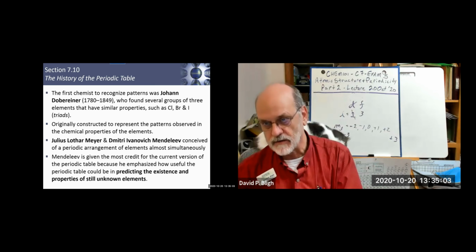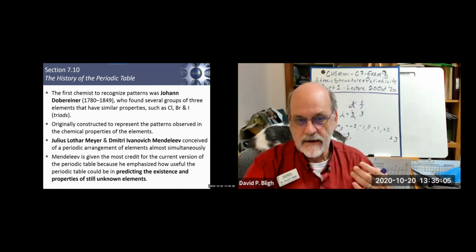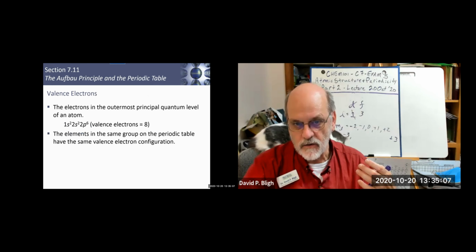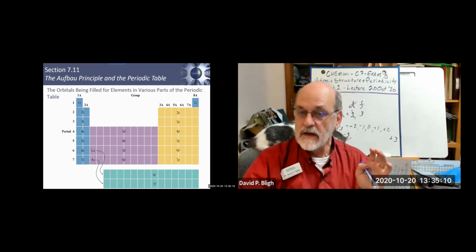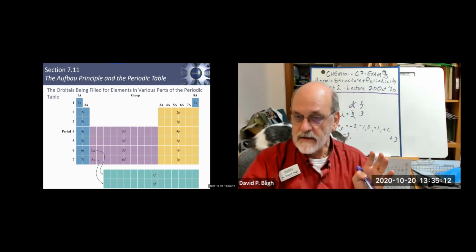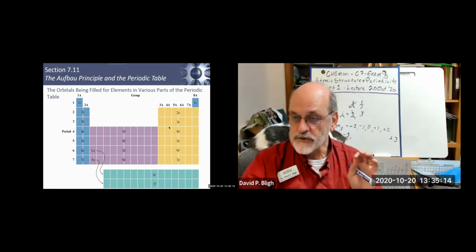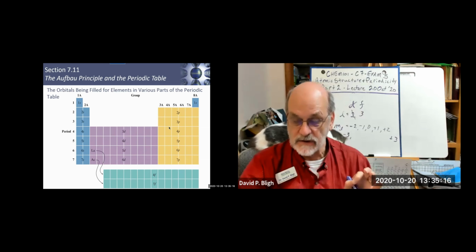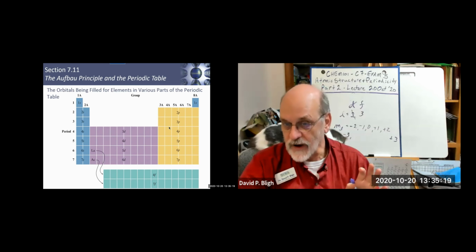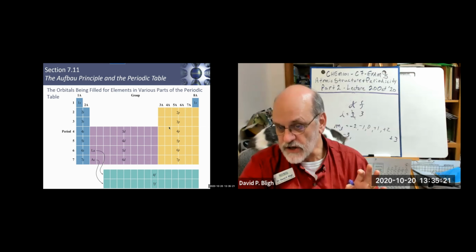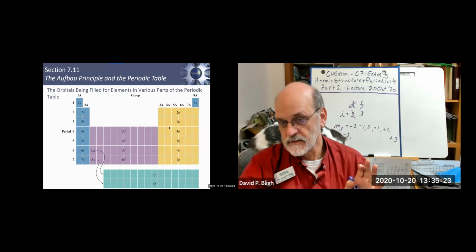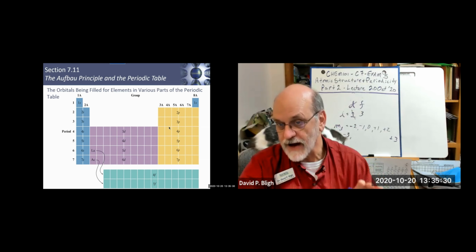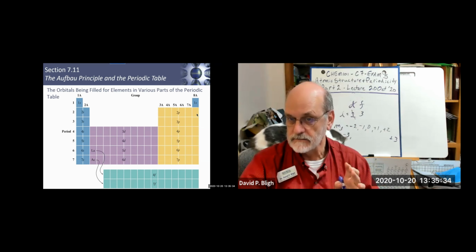And then over the decades, a refined structure to the table was developed, which took advantage of the electronic structure of the atoms themselves. That's why the table is grouped in such a way that the orbitals being filled from left to right in this region are the p orbitals. So this element will have one p electron. This one will have 2, 3, 4, 5, 6 p electrons when you get over to the far right in the noble gases.